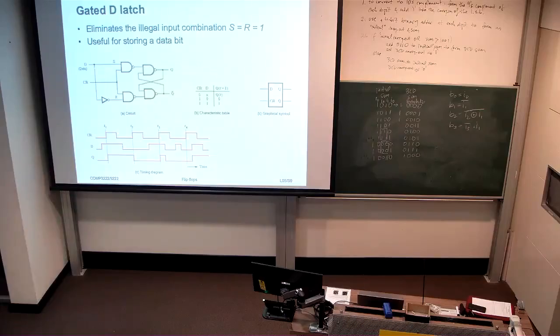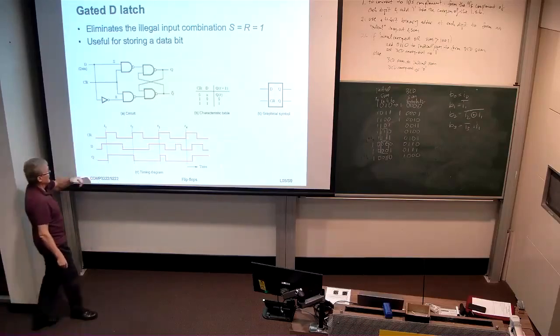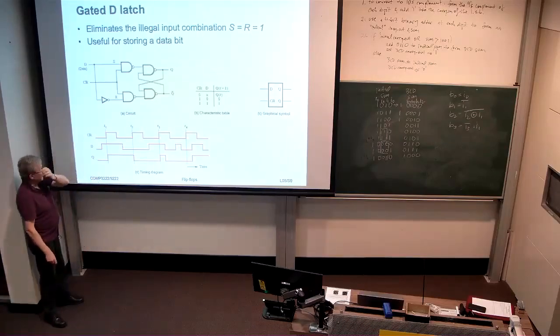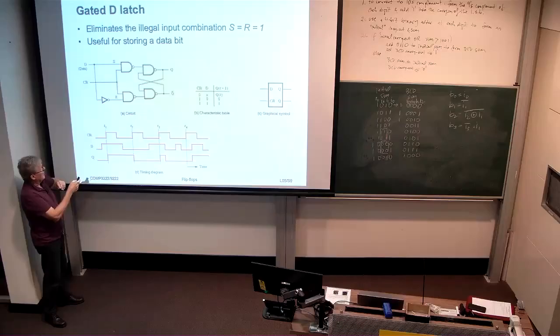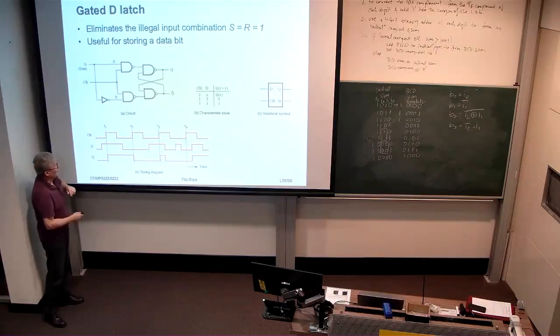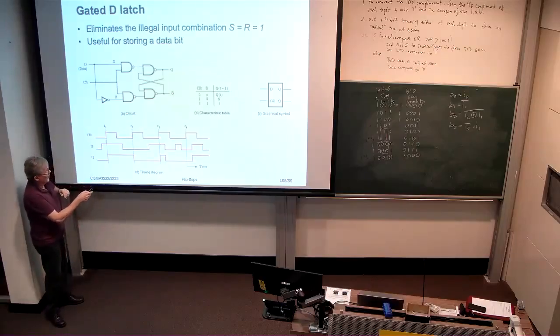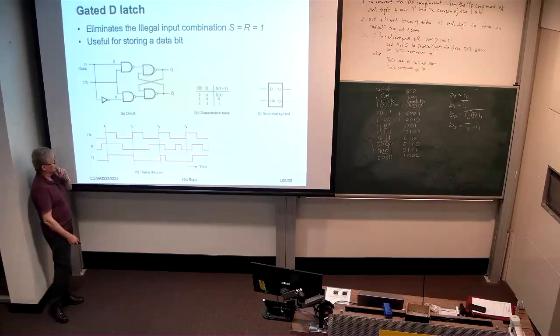The way this guy works is as depicted down here in this timing diagram. It's fairly straightforward. When the clock goes high, that enables these 2 NAND gates and therefore allows not D to be presented over on this wire here and D on this wire, and conversely not D to appear over on the output side and D to appear on the output side for the Q output.